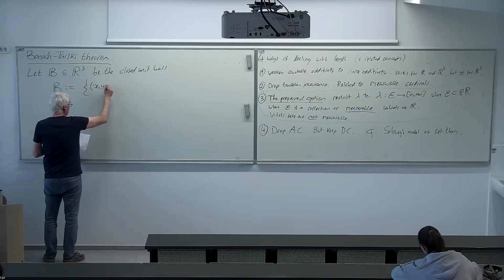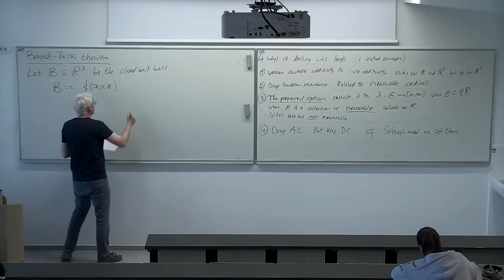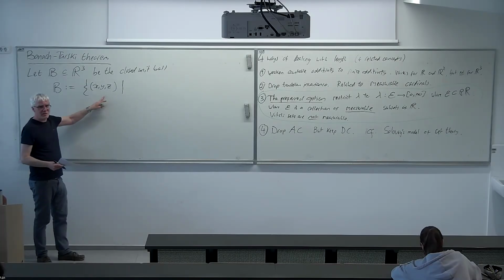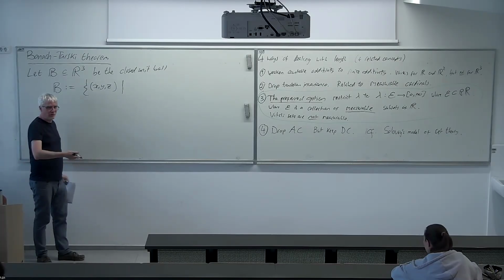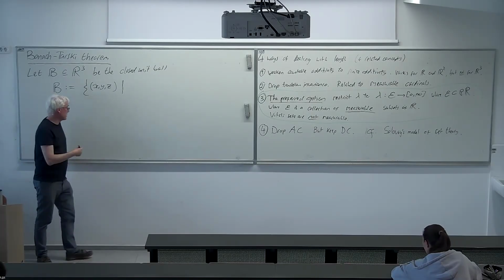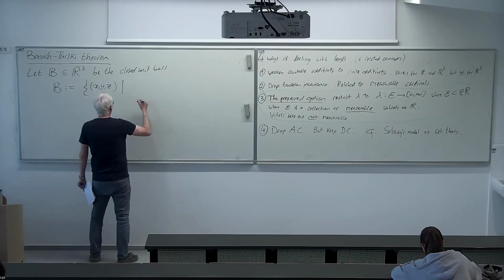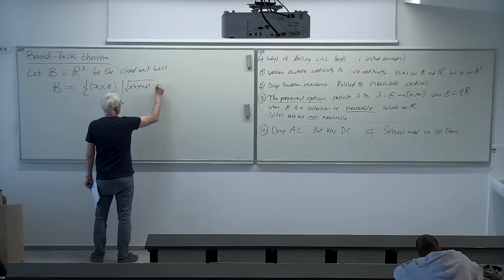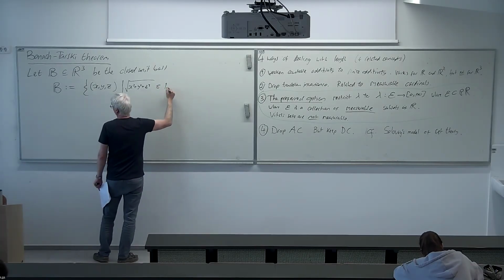We're going to consider the one centered at the origin, so x, y, z. We distinguish the ball from the sphere. The sphere is the points at distance 1 from the origin. The ball is all the points at distance, if it's closed, less than or equal to 1 from the origin. So the square root of x squared plus y squared plus z squared is less than or equal to 1.